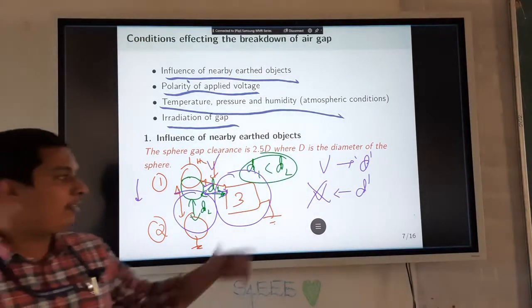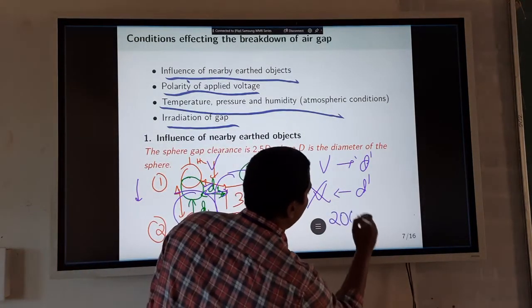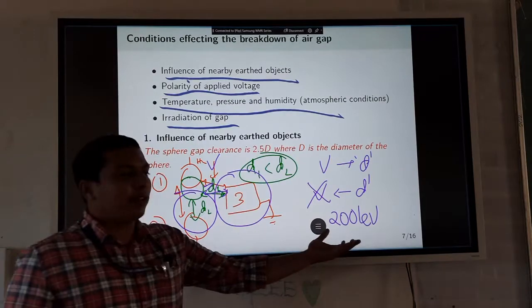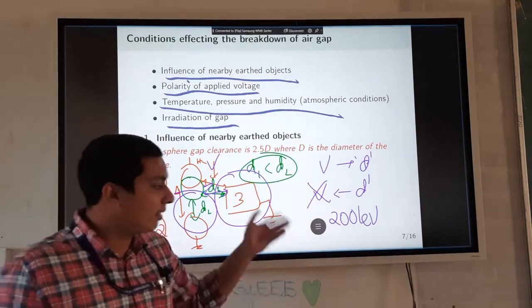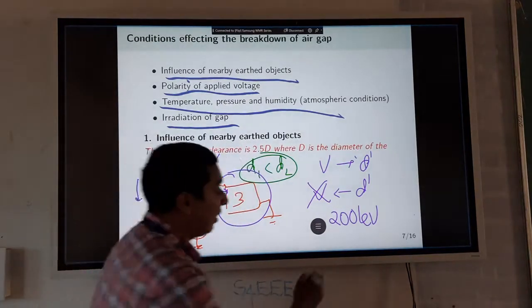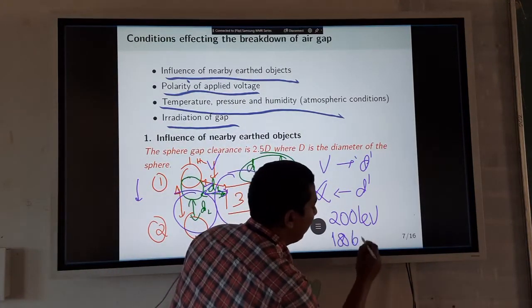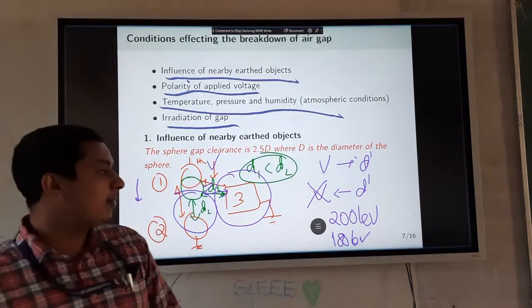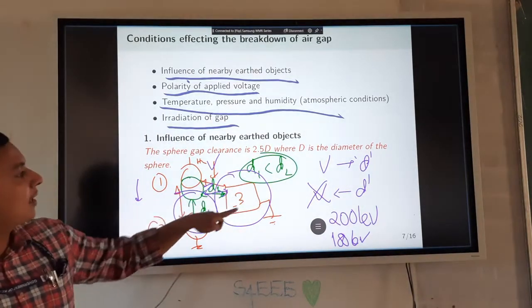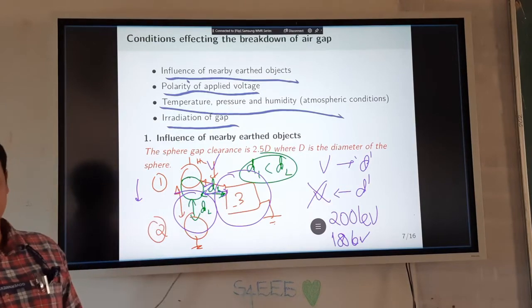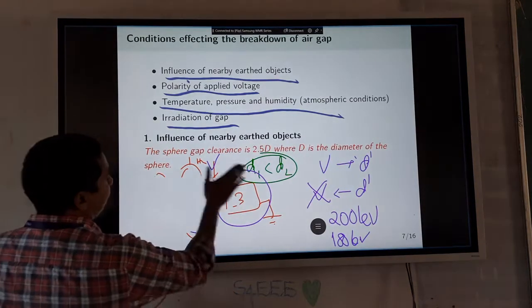Even though I apply 200 kV, and this should be my measurement as per the distance, what I will be getting is like a 180 kV measurement or 150 kV measurement. Understood? A smaller measurement, but it is not the real case. It is due to the earth object nearby your measurement. So that is the effect of the earth object.